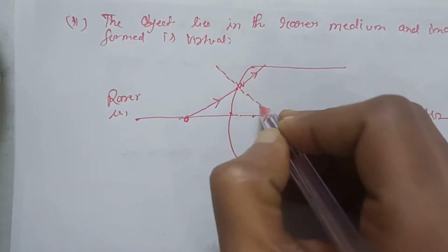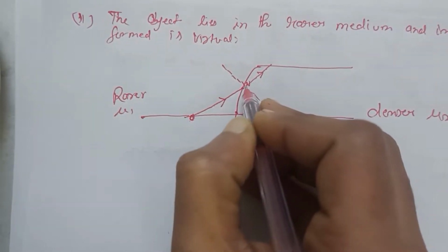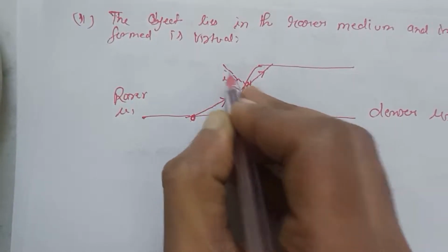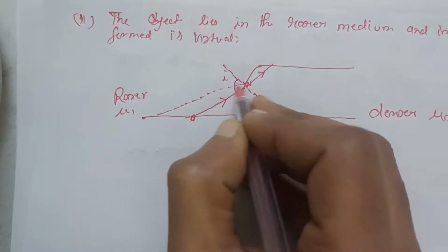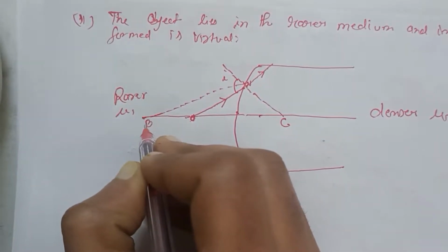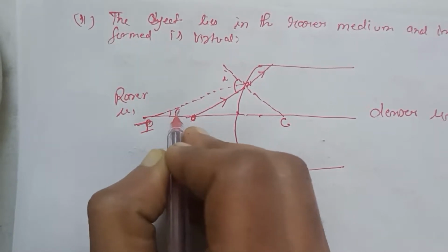It intersects at point C. This one is called the angle of incidence or refraction. This one is called the object. Where is the object? This one is the virtual image I. The angle here is beta.